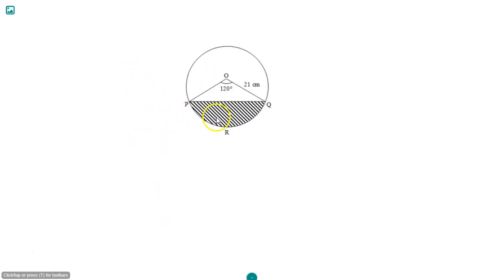Suppose you want to find the area of this shaded segment. The area of that segment is going to be area of sector OPRQ minus area of the triangle OPQ. So this is the approach that we use to find the area of the segment. We take the area of the corresponding sector and subtract the area of the triangle.